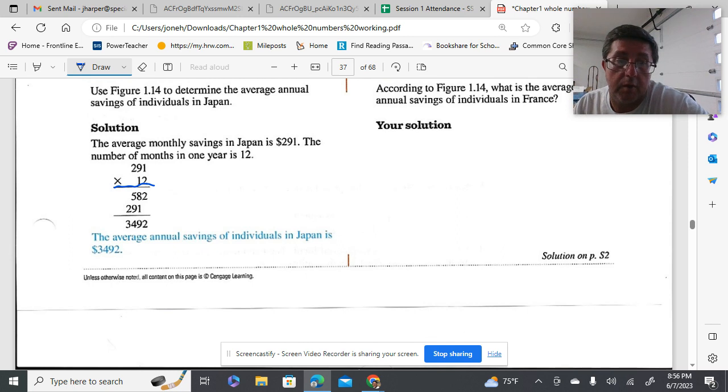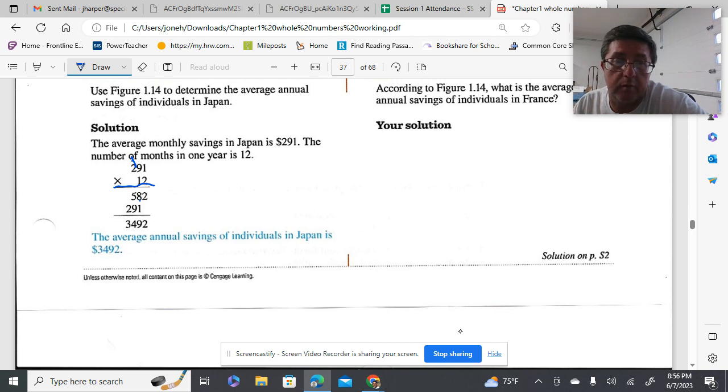Now, if you guys want to, you could do it like this. You could do 2 times 1 is 2, because any number times 1 is itself. 2 times 9 is 18. So we have the 8 and we carry the 1. 2 times 2 is 4, plus the 1 is 5.